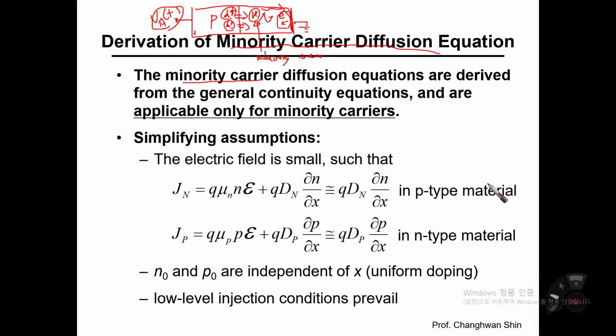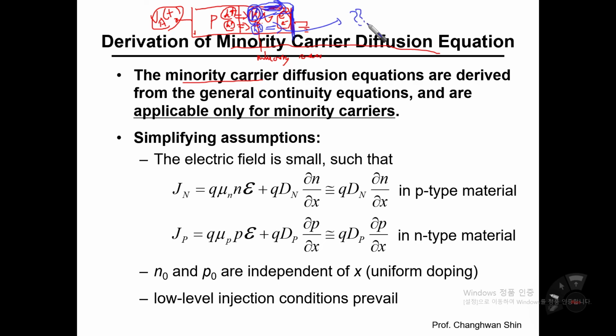So we would like to write down the equation for how this minority carrier hole can be diffused, or moved. How are those injected holes moved toward the edge of the n-type silicon material?